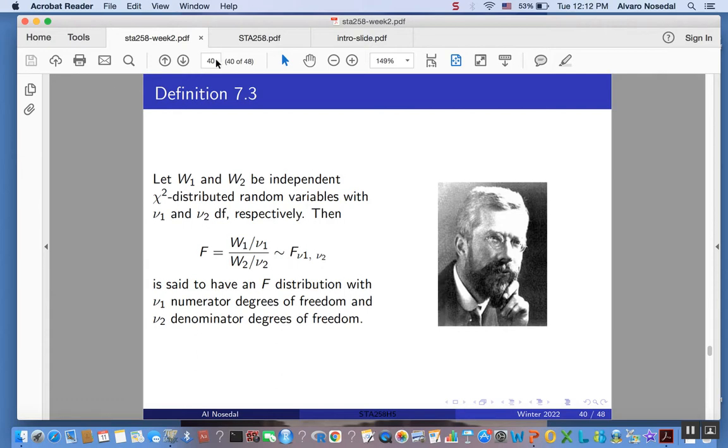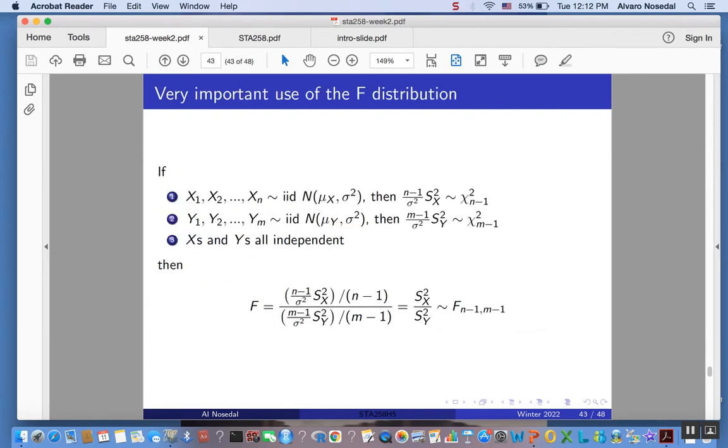Now at this point we're going to be using an F distribution to do statistical inference when variances are involved. That is the application that we're going to be doing here. We want to do inference for variances. Now the conditions are the following.